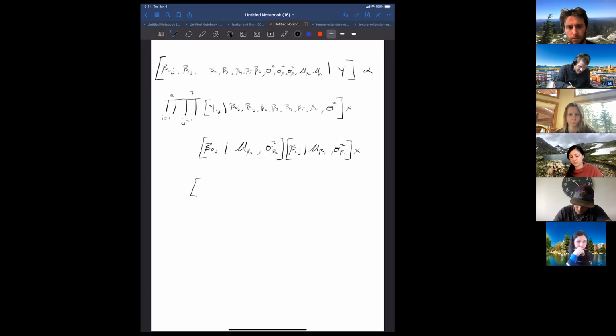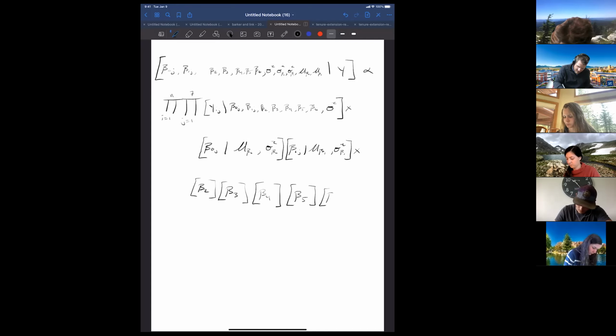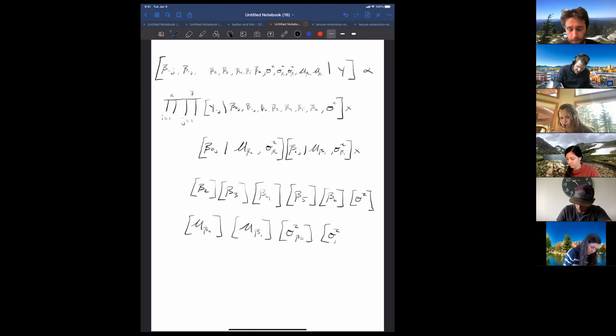We have priors for beta 2, beta 3, beta 4, beta 5, beta 6, sigma squared, mu beta 0, mu beta 1, sigma squared beta 0, sigma squared beta 1. And that's it.